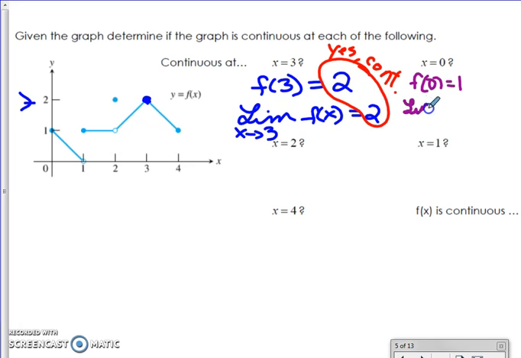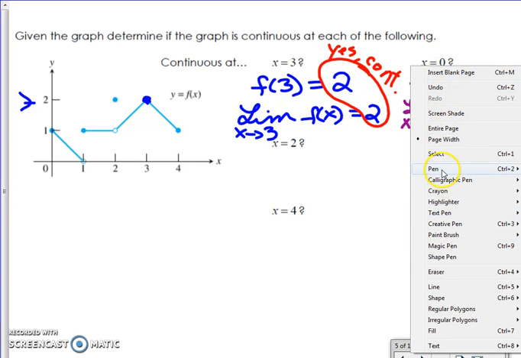So the limit as x approaches 0, and I'm going to indicate that it was a one-sided limit by doing that plus sign, from the right of f of x equals 1. And so yes, this one is continuous.